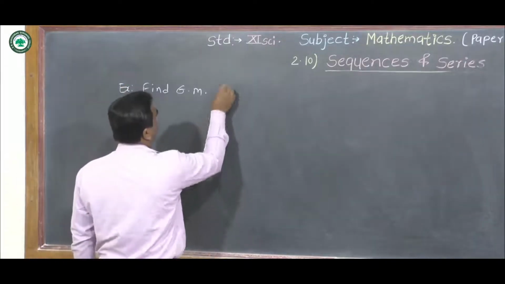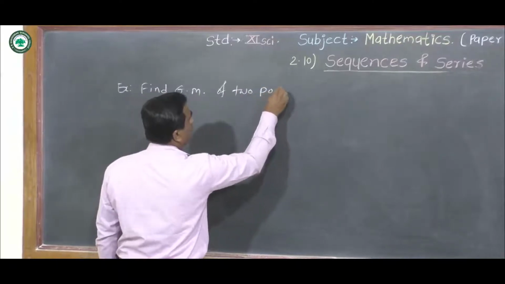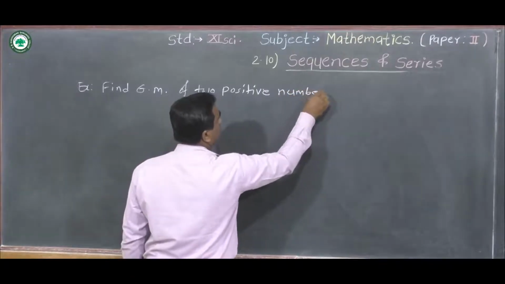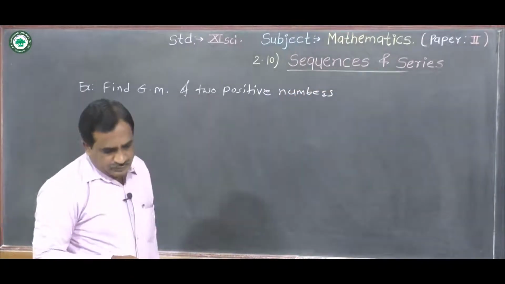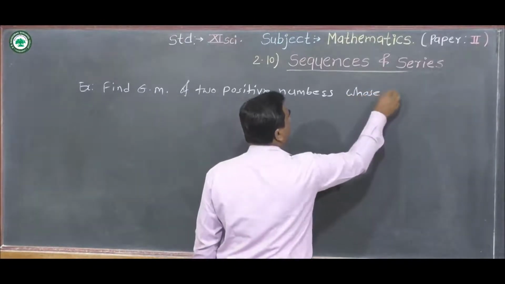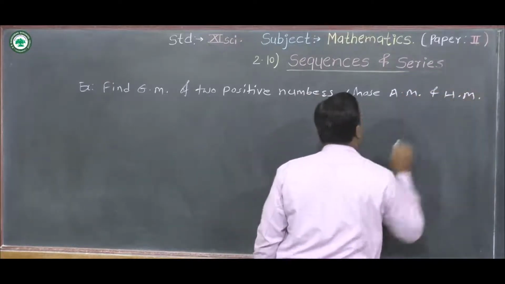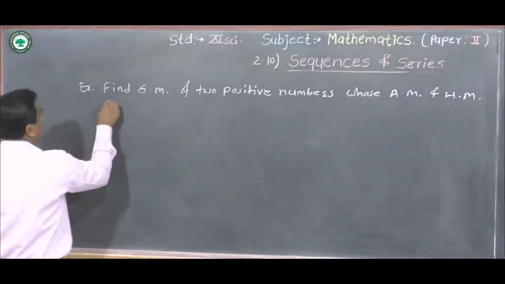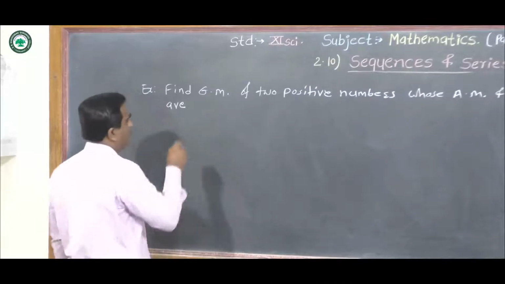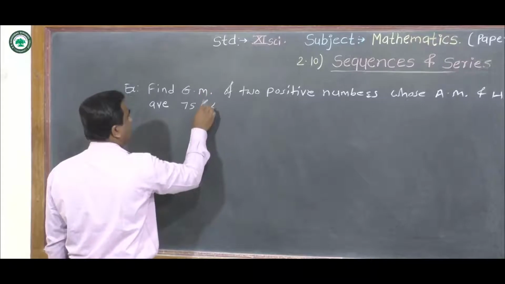Find GM of two positive numbers whose AM and HM are 75 and 48.